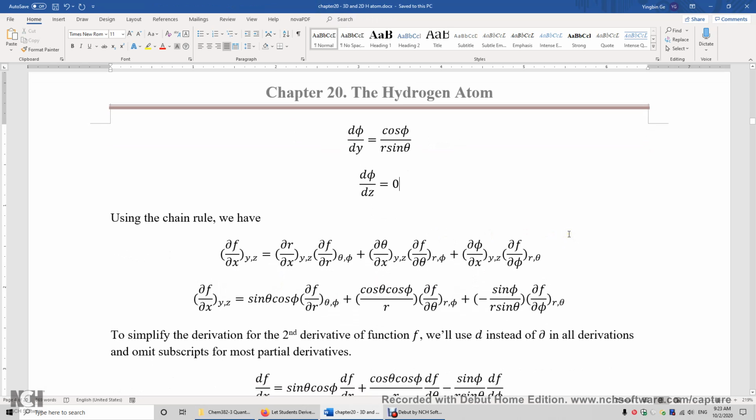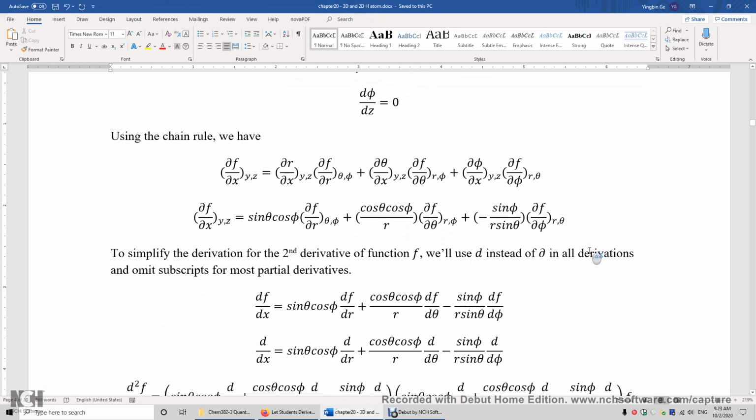And then we can plug in delta r over delta x, it's here. Delta theta over delta x, it's here. Delta phi over delta x is here. All right, so now we successfully converted this first derivative with respect to x to the sum of three single variable derivatives with respect to r, theta, and phi.